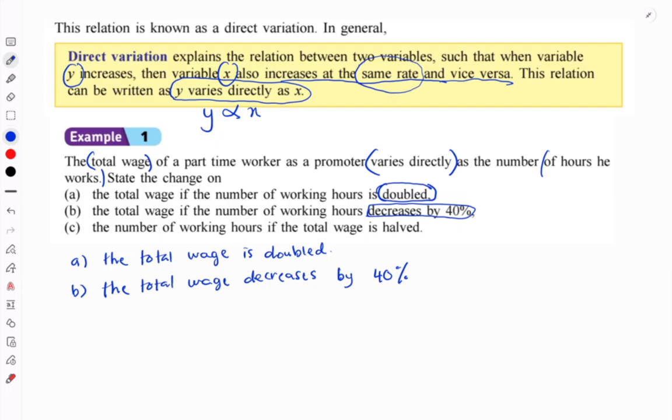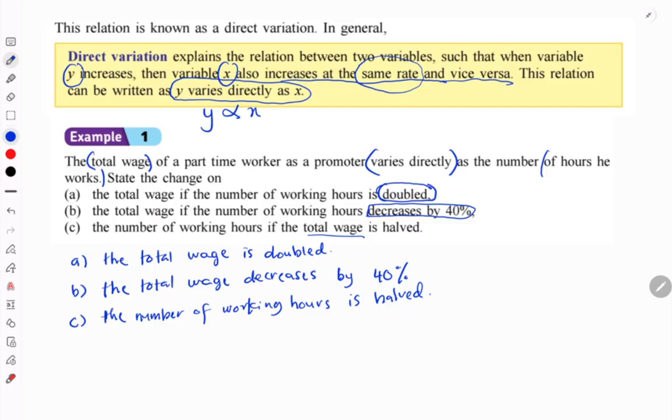C, the number of working hours if the total wage is halved. For this case, the question asks about the working hours when the total wage is half. That means the number of working hours is also half. Why? Because it is at the same rate.